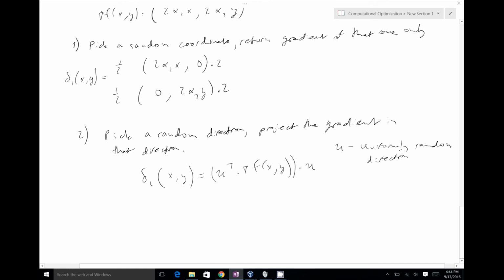Okay? And that's why we talked about generating uniformly random directions a little bit earlier in class.